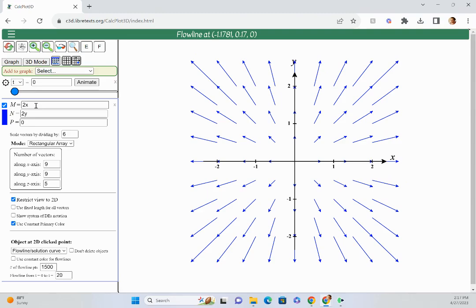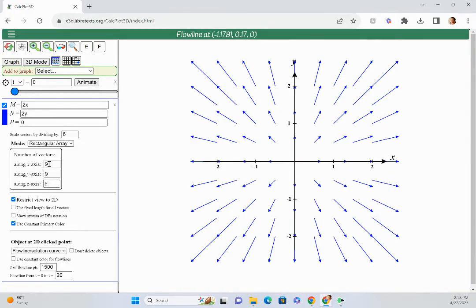I took the gradient of it and found 2x and 2y are the components. Now, I've got my components in here, 2x and 2y. My p is 0 because there's no z component. I have my vectors scaled by a factor of 6, just so that they're not totally taking over my screen.